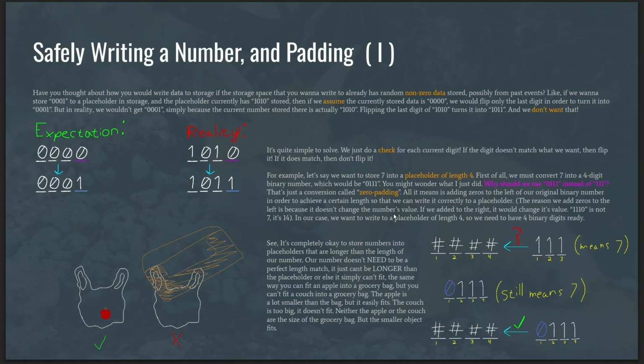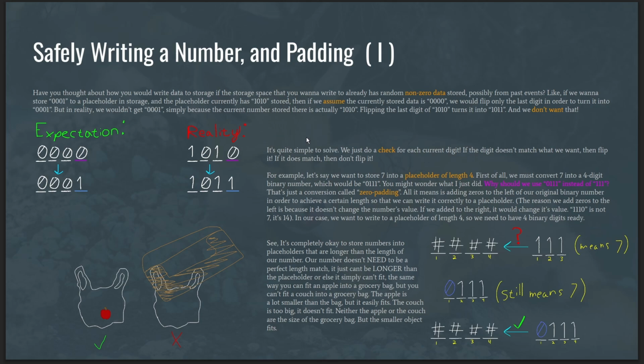But in reality, we wouldn't get 0001, simply because the current number stored there is actually 1010. So by flipping the last digit, it turns it from 1010 into 1011. We don't want that. We want it to be 0001.